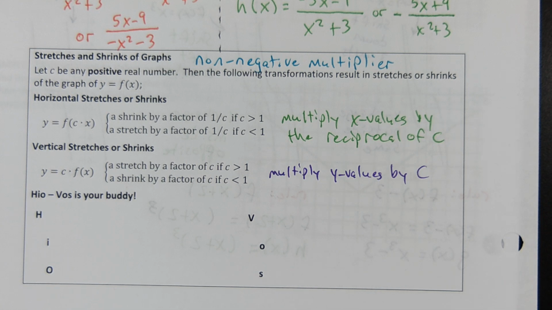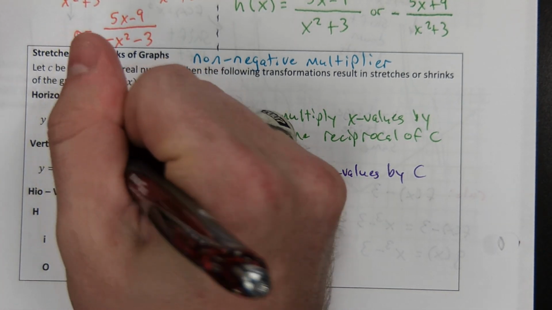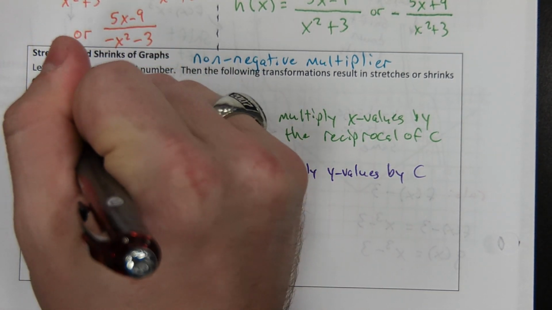If you see a 5/2 in front of your x's, what you're actually multiplying your x values by is 2/5. That number's smaller than 1, horizontal shrink. And as always, anytime something's going on right here, it is a substitution.